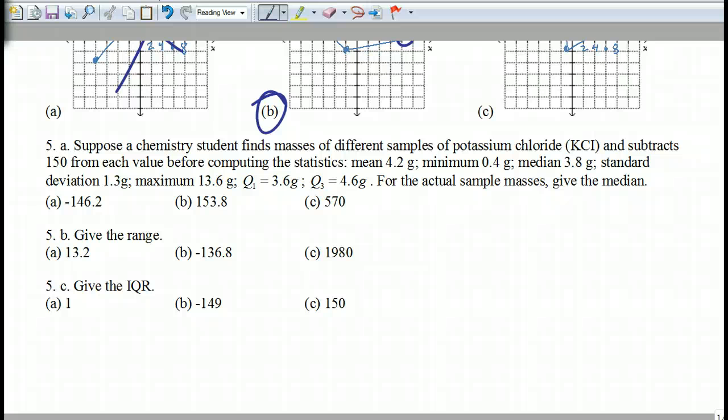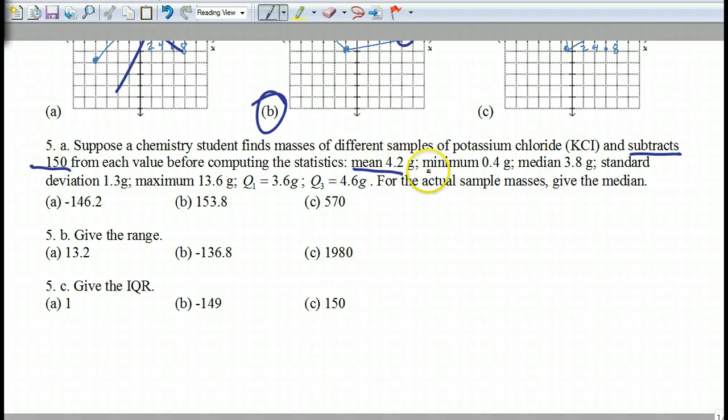Number 5. Suppose a chemistry student finds masses of different samples of potassium chloride and subtracts 150 from each value before computing the statistics. That's important information. You might want to underline that when you see it. Subtracts 150. The mean is 4.2.